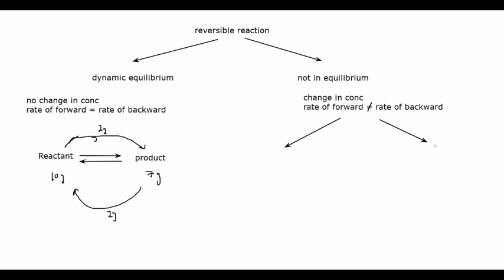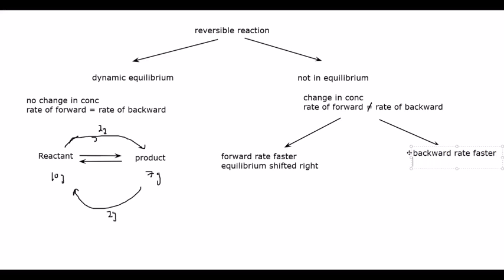Maybe the forward rate is faster, or we can say equilibrium shifted right. These are the terms which are used. If the forward rate is faster, we can use the term equilibrium is shifted towards the right. Or maybe the backward rate is faster.